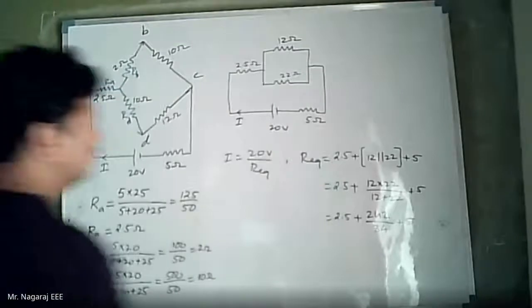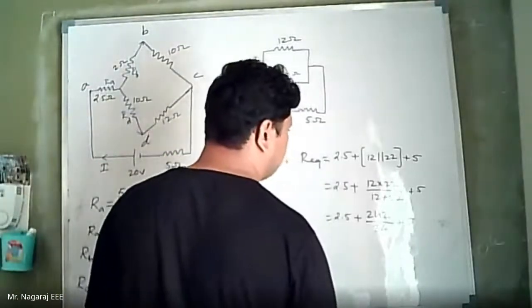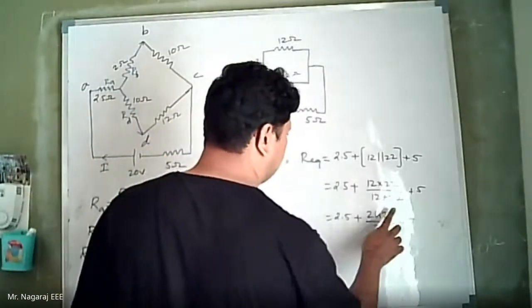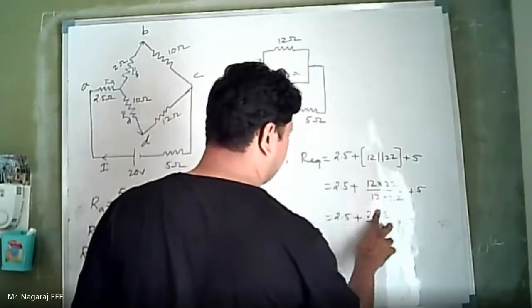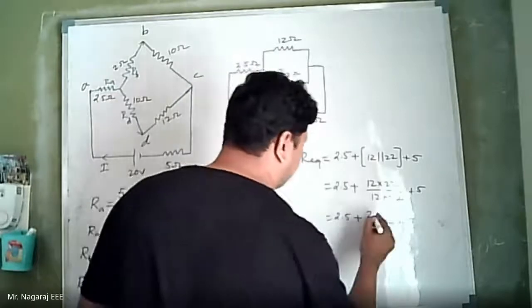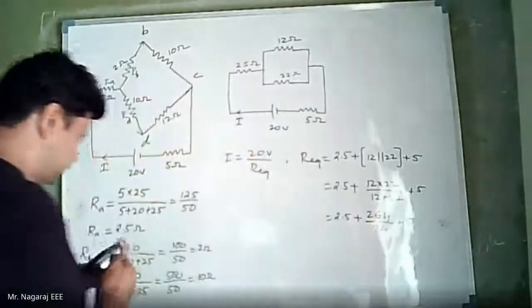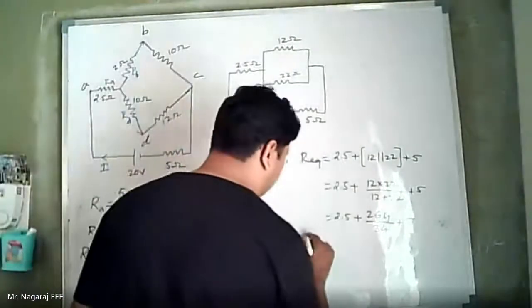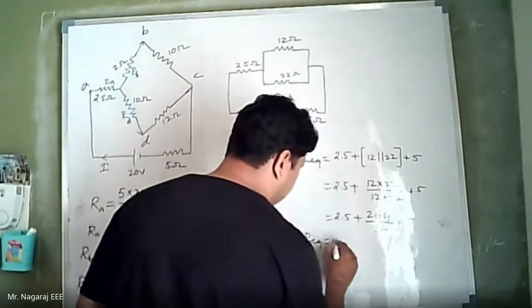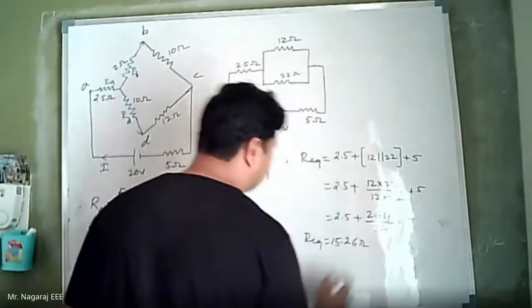So 264 divided by 34, so R equivalent is 15.26 ohms.